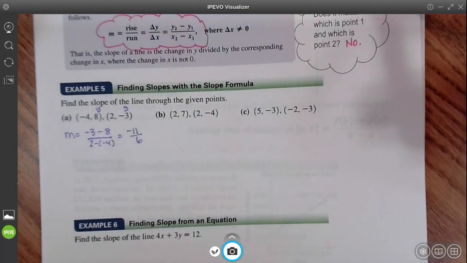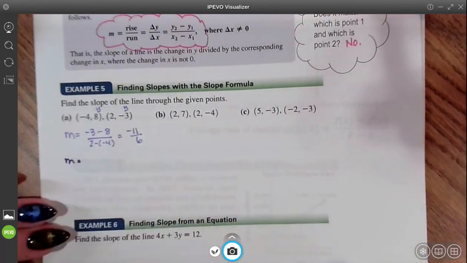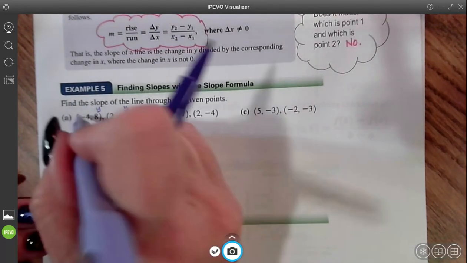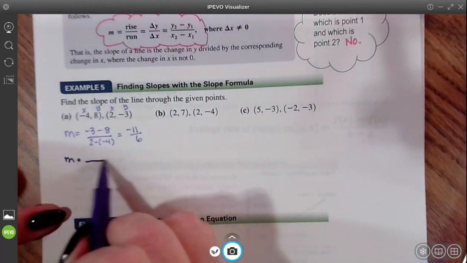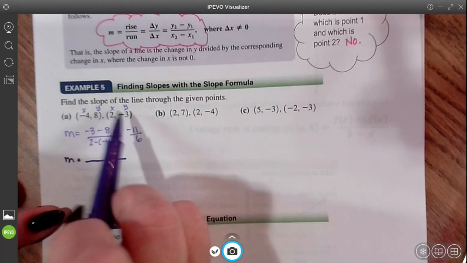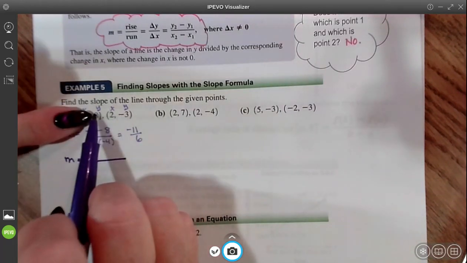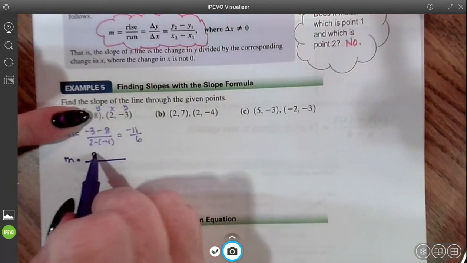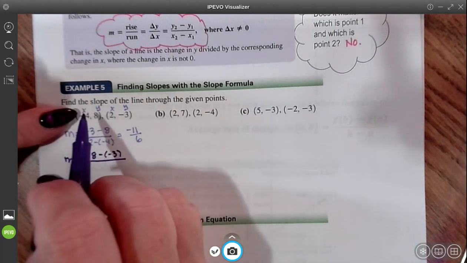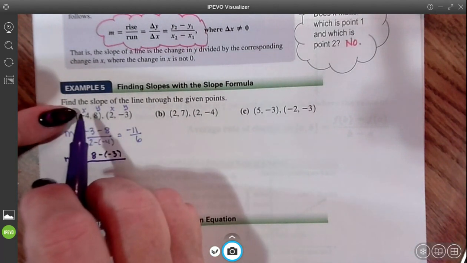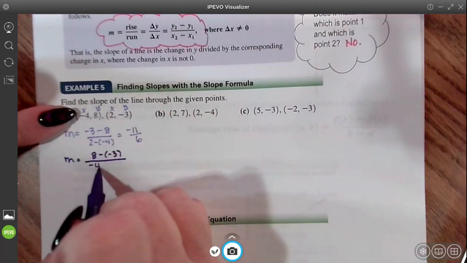Now, if I went the other direction, no, I didn't label these as x's. If I go the other direction, so instead of taking -3 subtract 8, I'm going to go the other way. 8 subtract -3. Then I have to go the other direction in the denominator as well. -4 subtract 2.